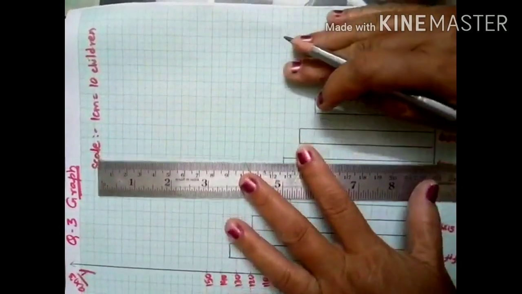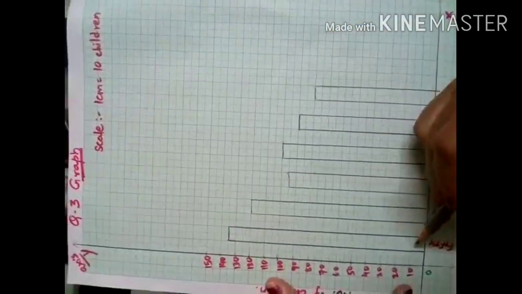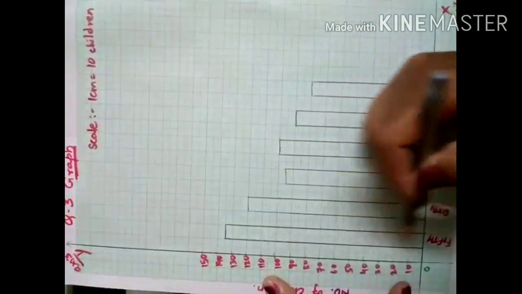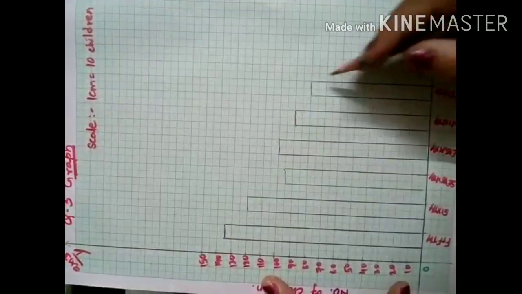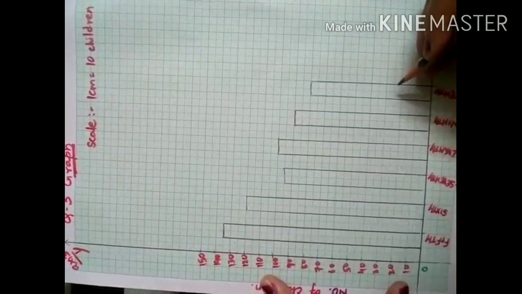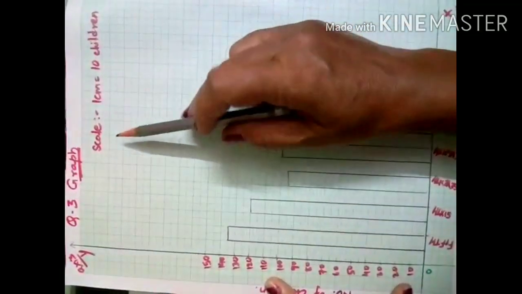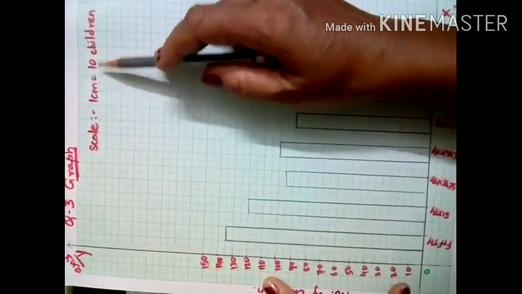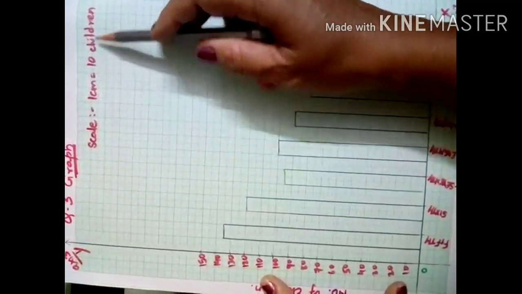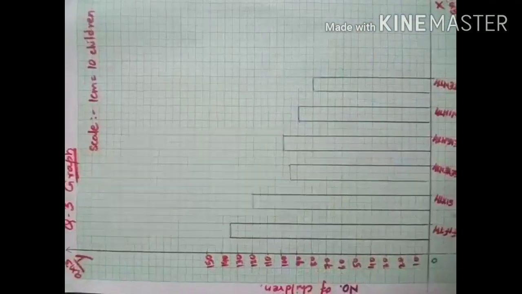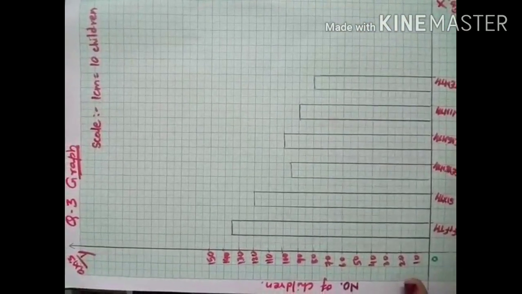So from this graph, you can easily compare that 5th standard is the tallest one, 135, and 10th standard is the smallest one, that is 80. And you have to write the scale, 1 centimeter equal to 10 children. Here, don't forget to show.